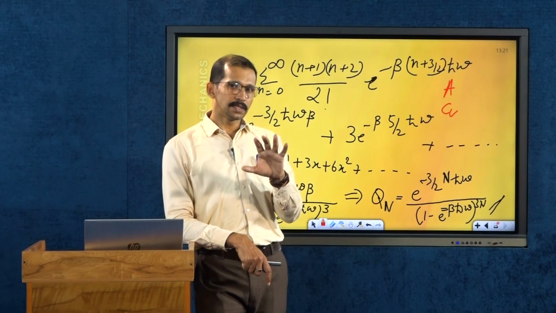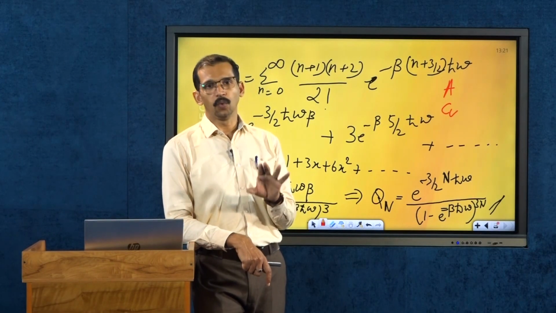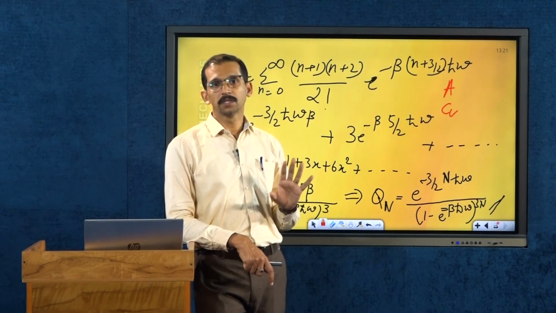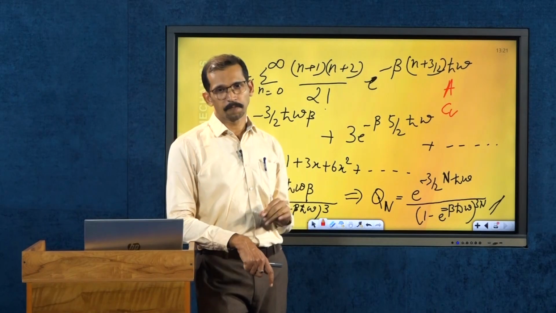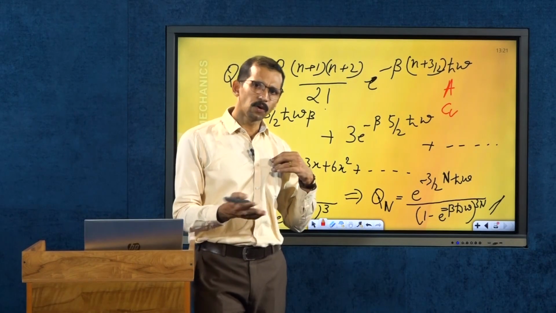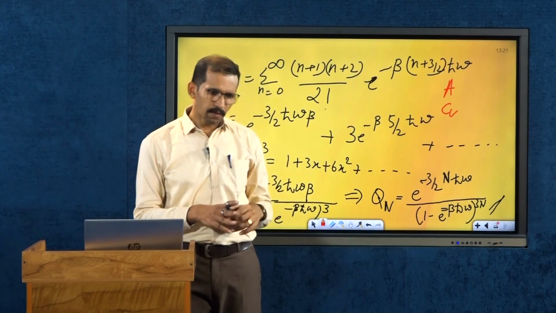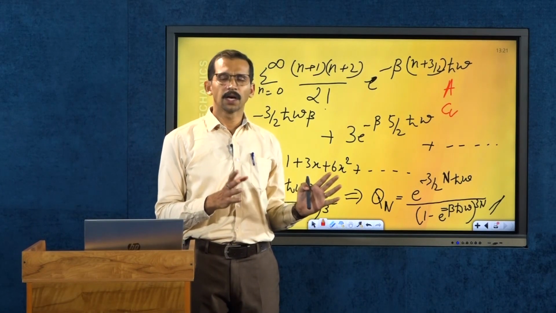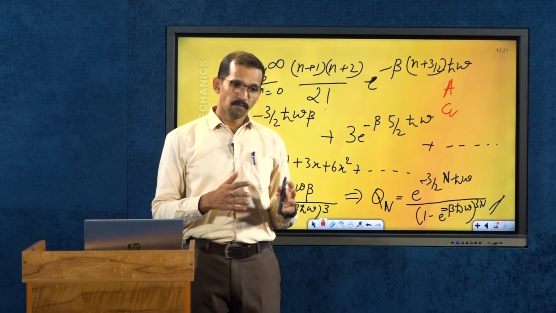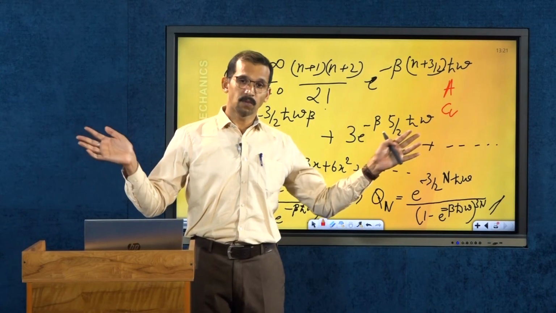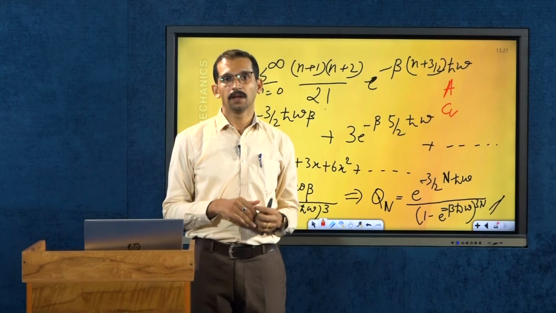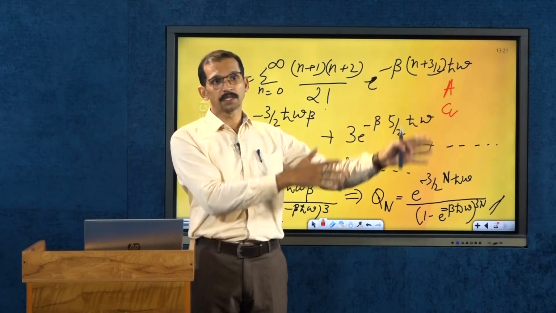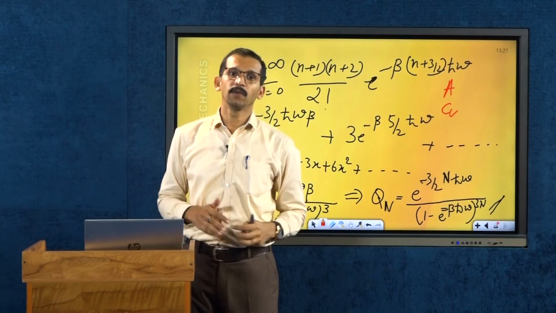The answer is no, the partition function values you get in both situations are different. Now how will you account for such a situation? Physically we have only one situation, which is a harmonic oscillator. We are doing it in two different treatments, one classical and another quantum mechanical. How is it possible that if you do the classical you get one expression, and if you do the quantum mechanical you get another expression?